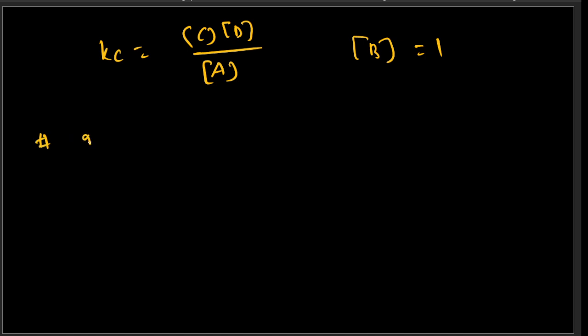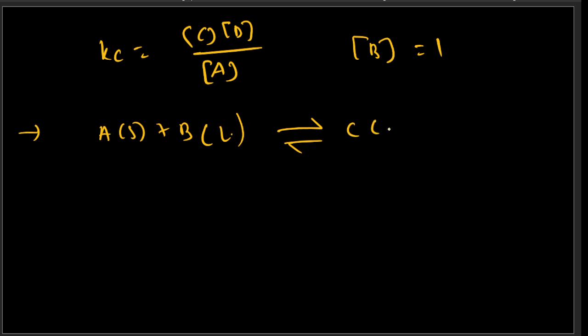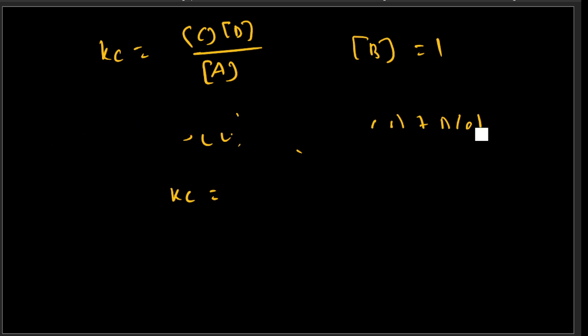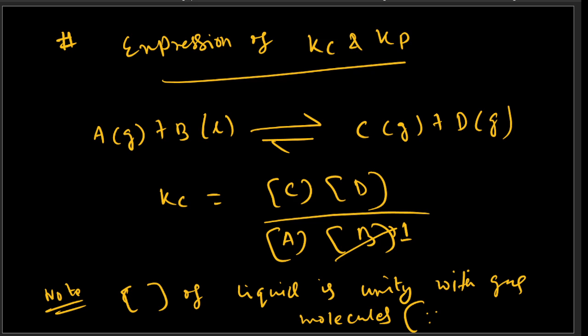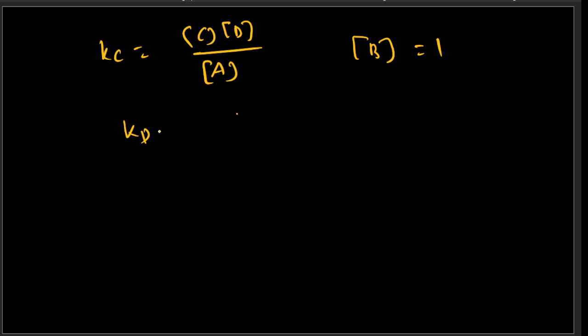Another example. Here Kc is not 1. In this case, what will Kp be?